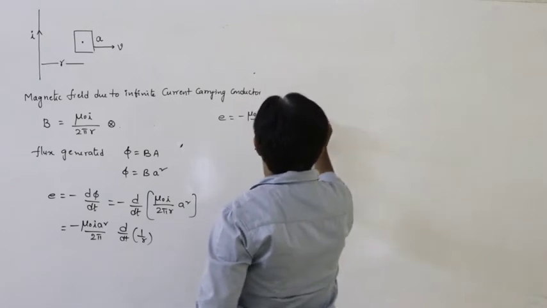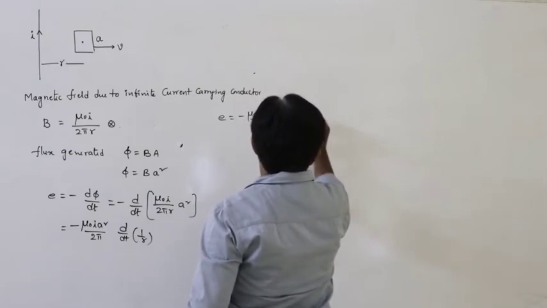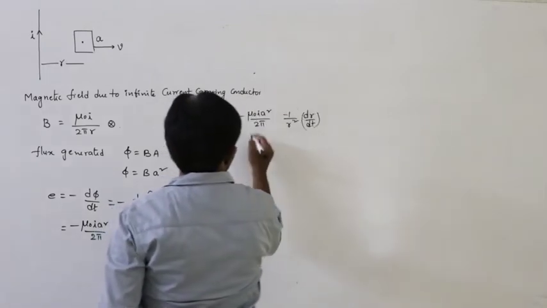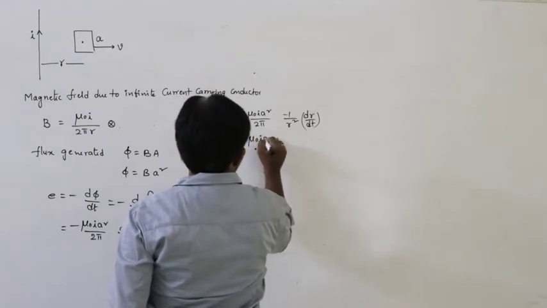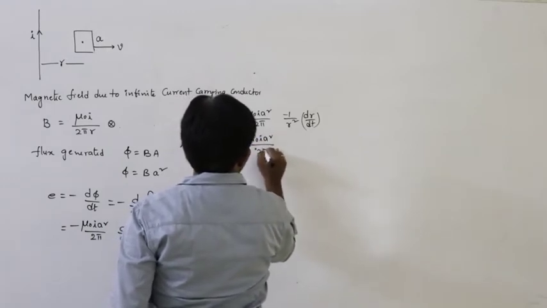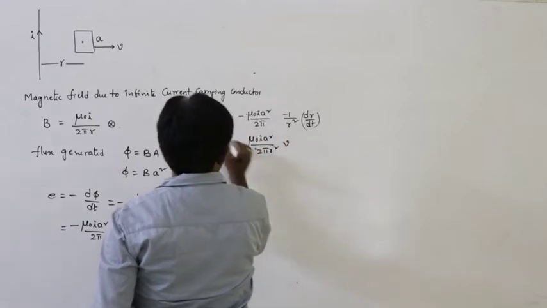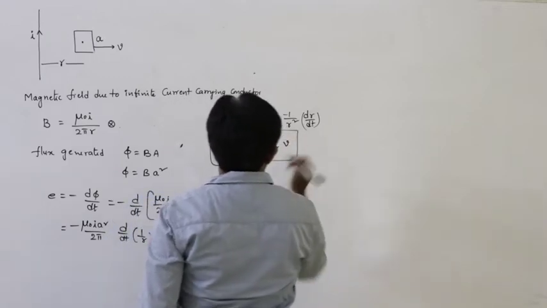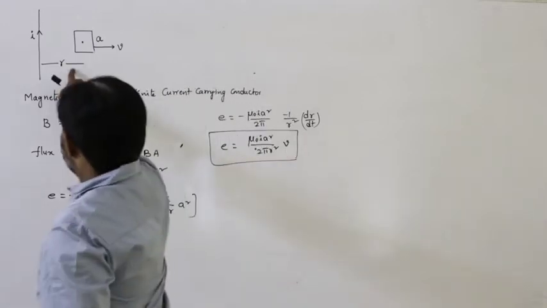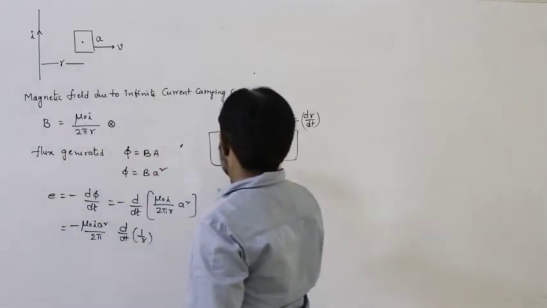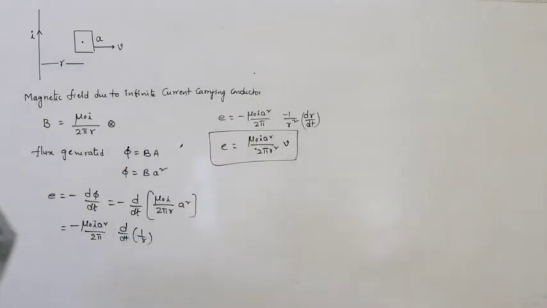So minus of minus gives plus mu naught I A square by 2 pi r square into V, because the distance r varies with time and that acts as velocity.